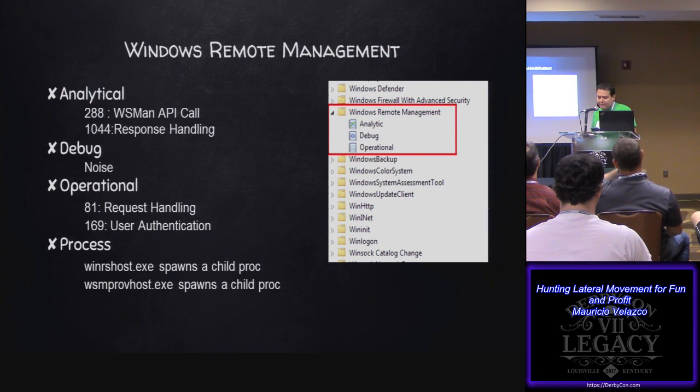To be honest, I haven't figured out the best way of looking for lateral movement in the actual event logs. You'll see user authentication, but that only means that WinRM is being used, or you'll see an API call, but nothing that would detect actual lateral movement. However, there's an interesting pattern on the processes.